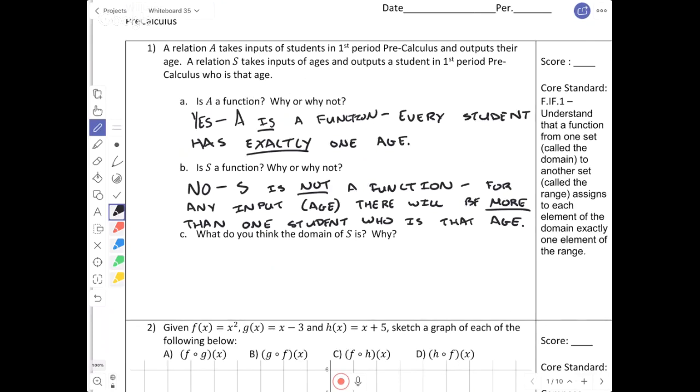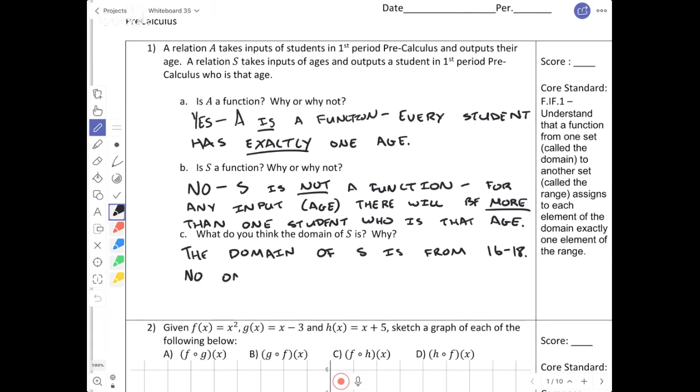What do you think the domain of S is and why? I accepted various answers as long as they were reasonable. I think actually that the domain of S is from 16 to 18.